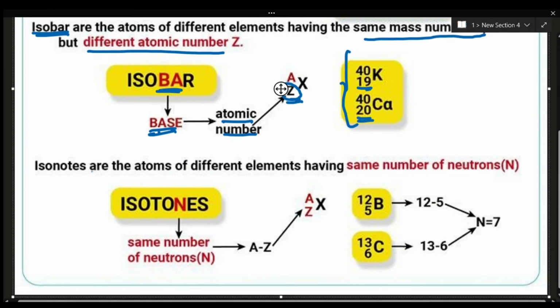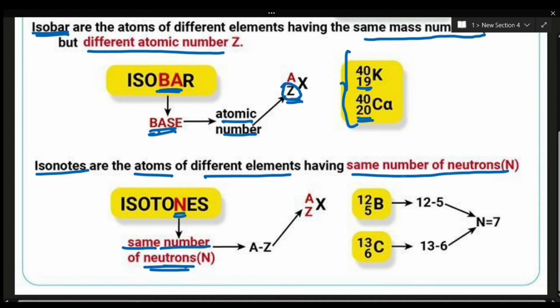Now let's move to the isotones. Now isotones has an N in between. Now this N can be learnt as same number of neutrons. In the definition, isotones are atoms of different elements having same number of neutrons. Now how is the number of neutrons calculated?